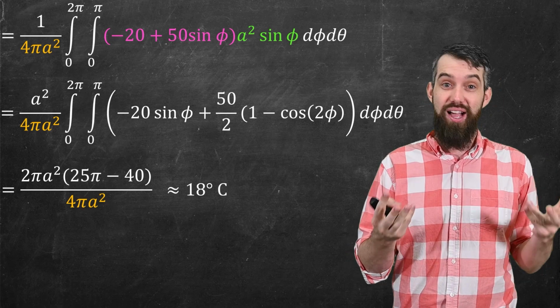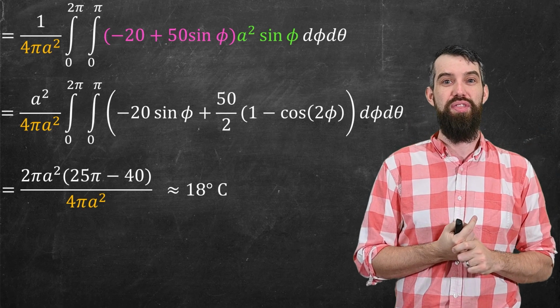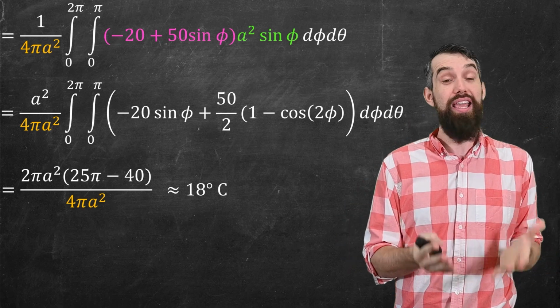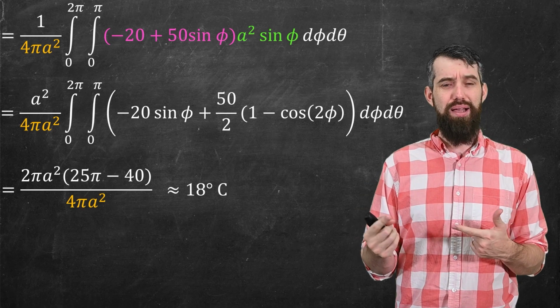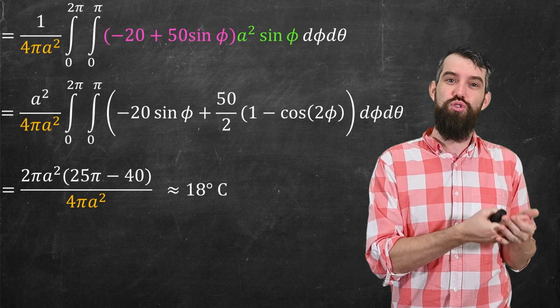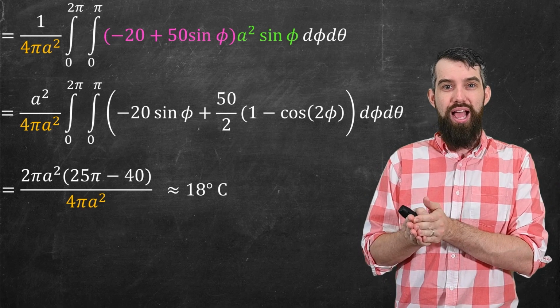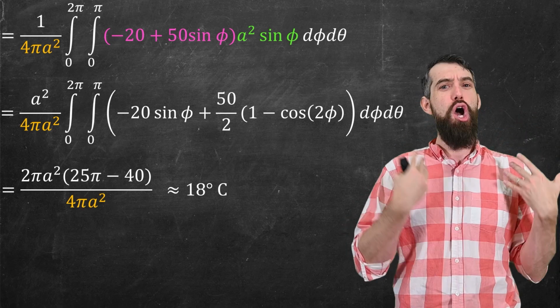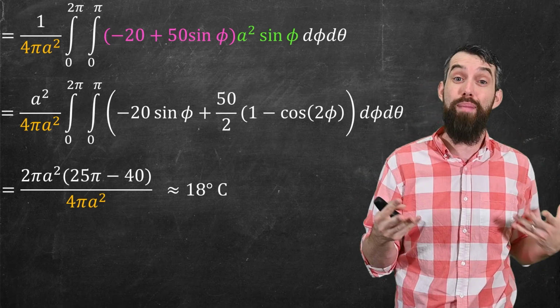So in my made up temperature function for the surface of the Earth, the average temperature on the Earth is 18 degrees Celsius. It's worth noting that the minimum temperature in my model was minus 20 and the maximum temperature was plus 30. And the average temperature of 18 is way closer to the 30 than it is to the minus 20. So why might that be?